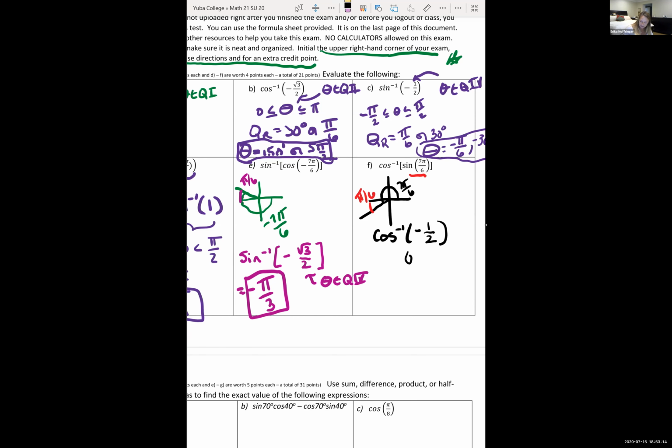So theta has to be contained in quadrant 2. Our reference angle would be pi over 3. So pi minus pi over 3 to get me up here for cosine inverse is going to be 2 pi over 3. Okay, so that was worth 4 points.